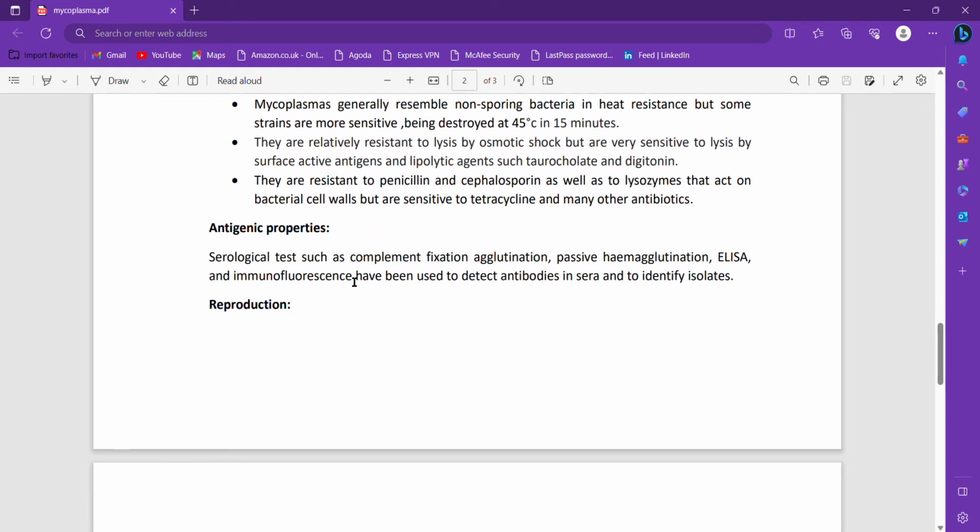And antigenic properties, which antigenic properties do they have? Serological tests are the tests which we make to ensure whether a person is infected with mycoplasma or not. Serological tests such as complement fixation, agglutination, passive hemagglutination, ELISA, and immunofluorescence have been used to detect antibodies in sera and to identify isolates.